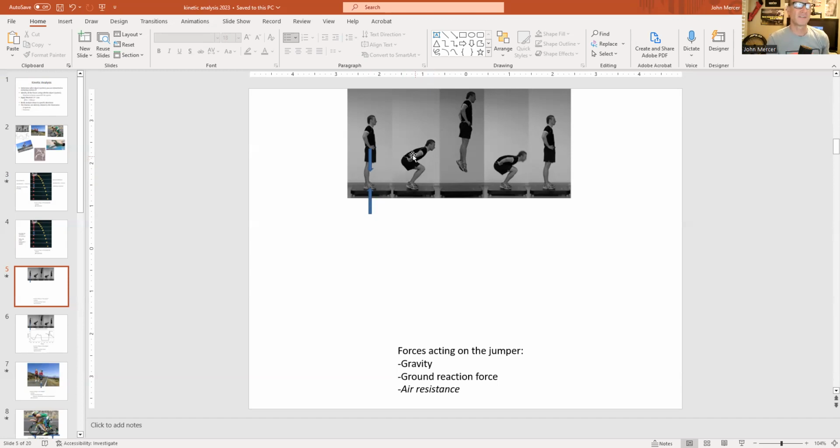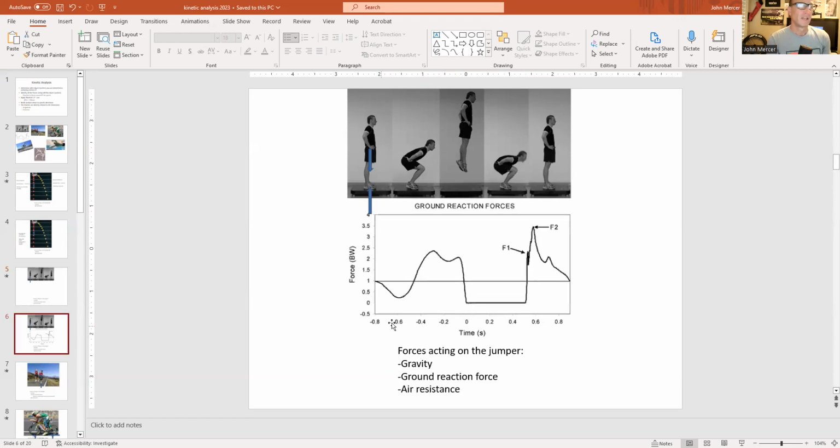So to understand what forces the person's generating, I actually measure and analyze the reaction force. It's too hard to put force sensors inside the muscle to actually measure that, but this force is equal and opposite to what the person is doing, both during jumping and during landing. And when I do measure the ground reaction force, and I do that fairly simply, I have someone stand on a special device that is nothing more than your bathroom scale.